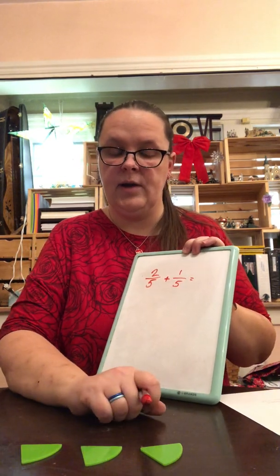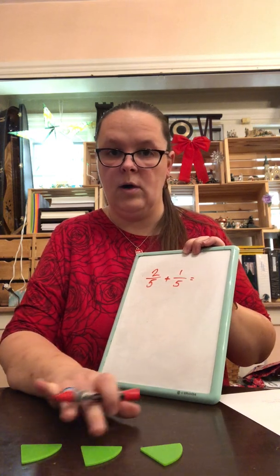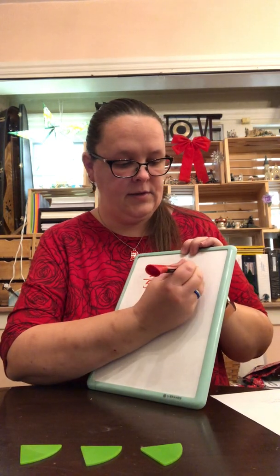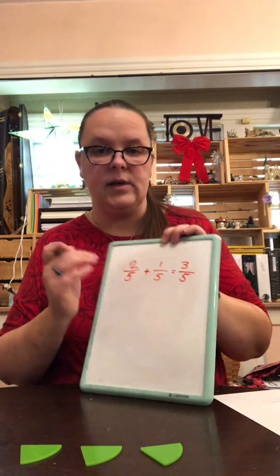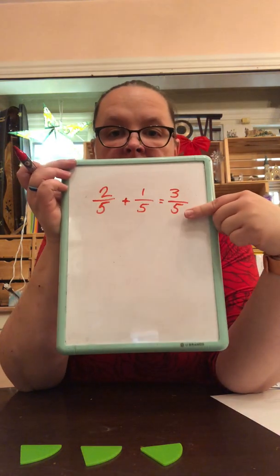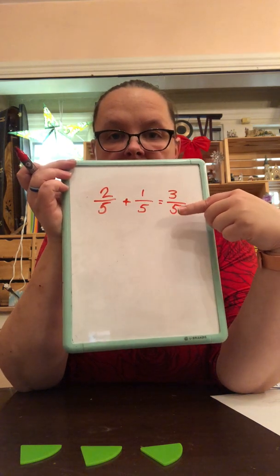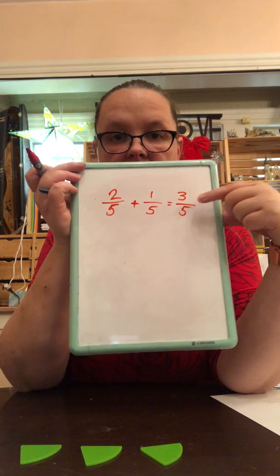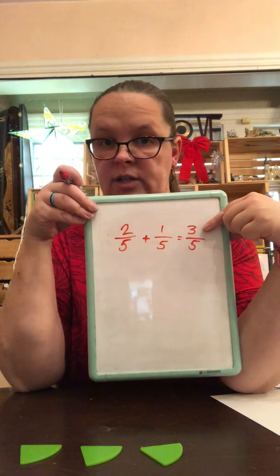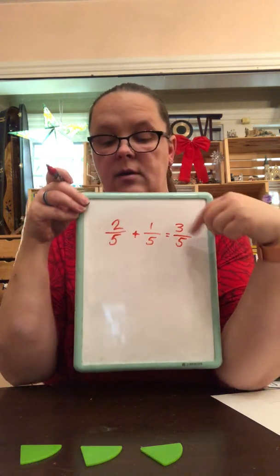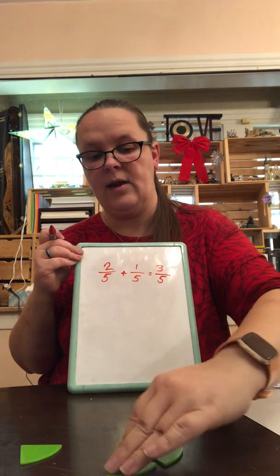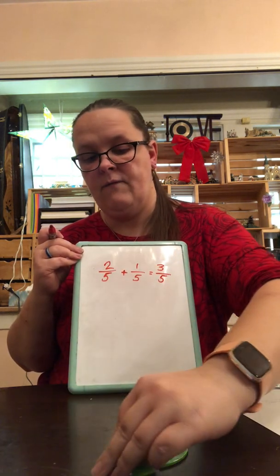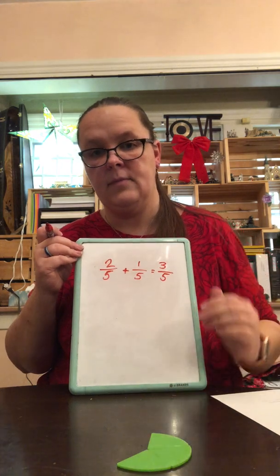How many fifths do I have? I can count them right here. 1, 2, 3 fifths. What you notice is that my denominator is not changing. Only my numerator is changing, not my denominator. 2/5, I added 1/5, and now I have 3/5. There we go.